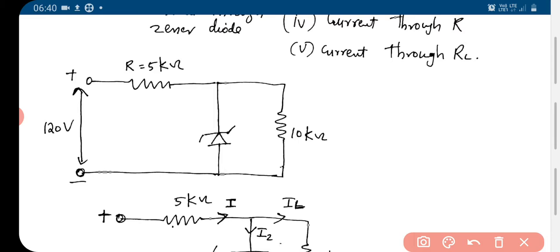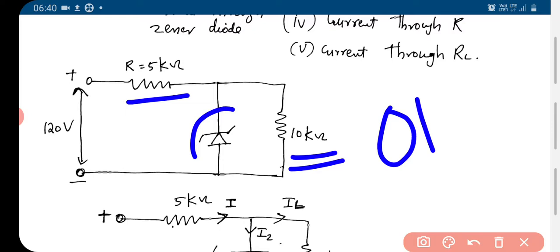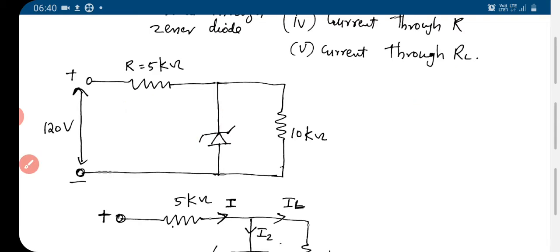We are applying 120 volt here, and the load resistance is 10 kilo ohm. The first thing that we do is check whether the Zener is in the on state or off state.